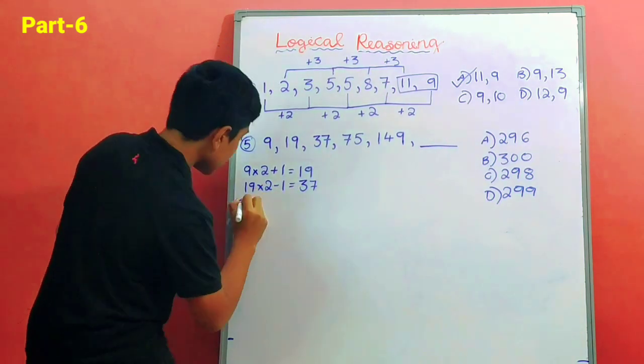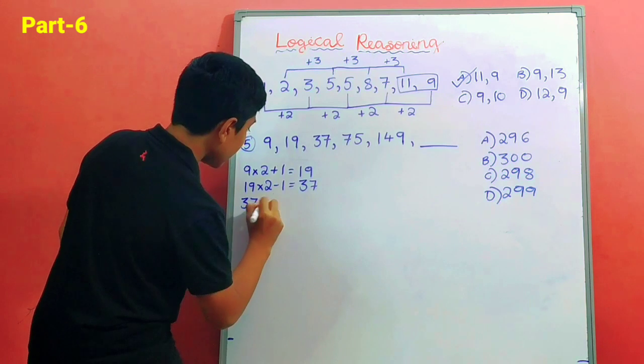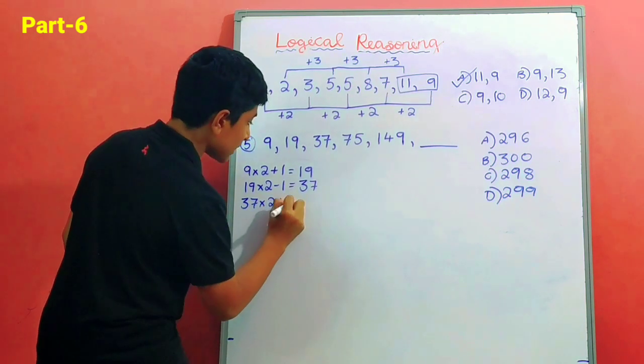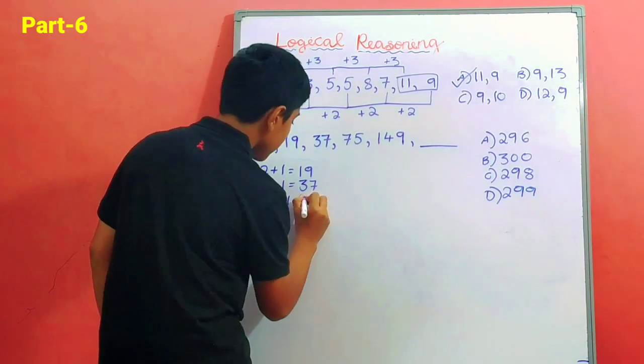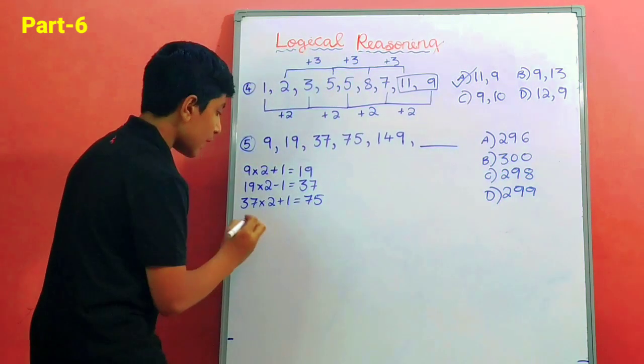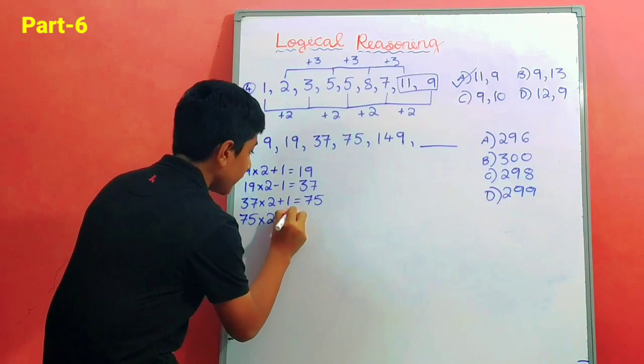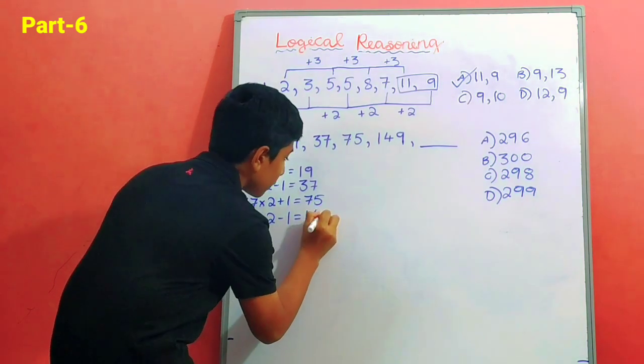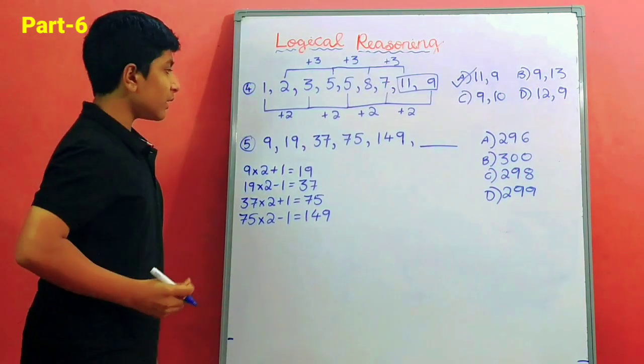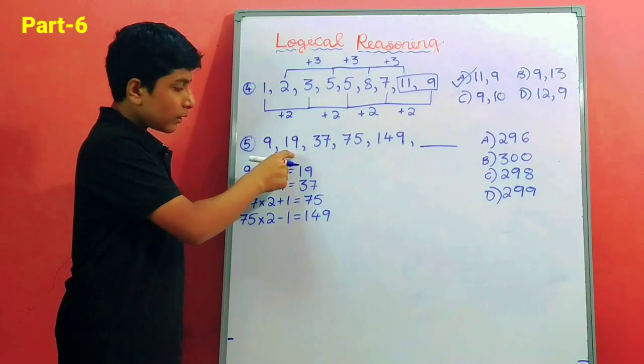For the next one, 37 into 2 is 74, 74 plus 1 is 75, and we have 75 into 2 which is 150 minus 1 is 149. So we have found the relation here, that is you have to multiply by 2 and add 1.